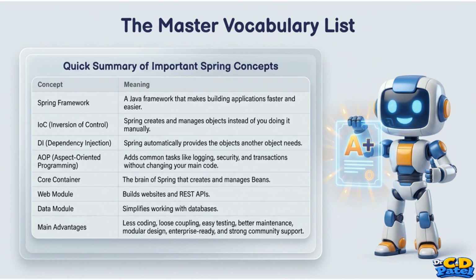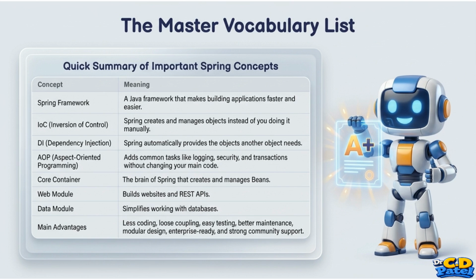Before we finish, let's review the important vocabulary from today's session. Spring Framework is a Java framework that makes application development easier and more organized. IoC, or Inversion of Control, means Spring takes responsibility for creating and managing objects. DI, or Dependency Injection, means Spring provides an object with the dependencies it needs.